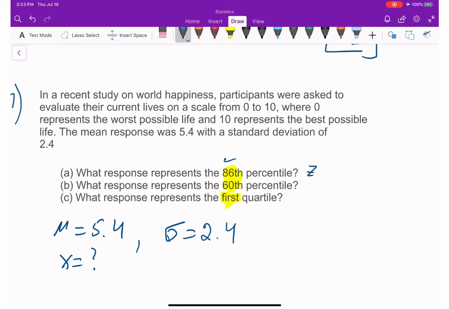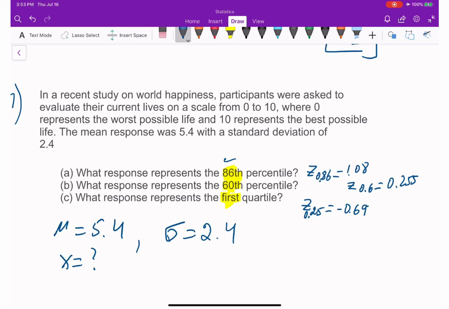Z-score for 86%, which is 0.86. If you look in the table, it's going to be 1.08. Second one, z-score for 0.6 is going to be 0.255. And z-score for the first quartile, which is 25% or 0.25, is going to be equal to negative 0.69.